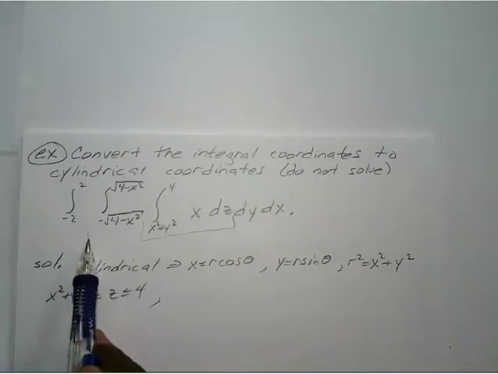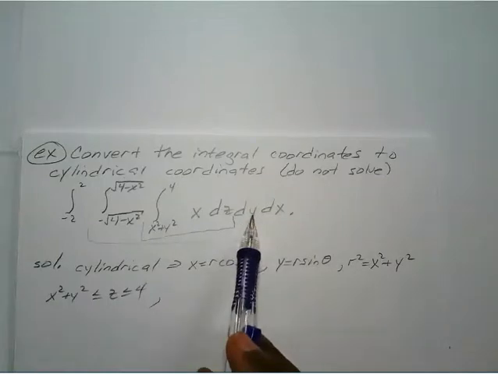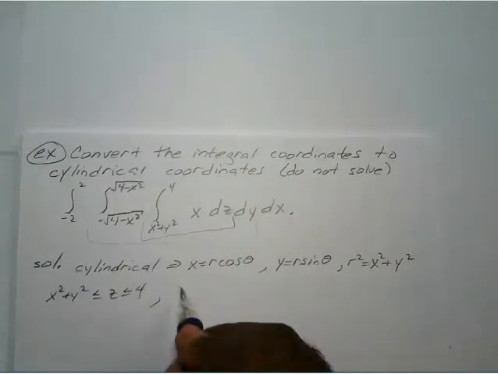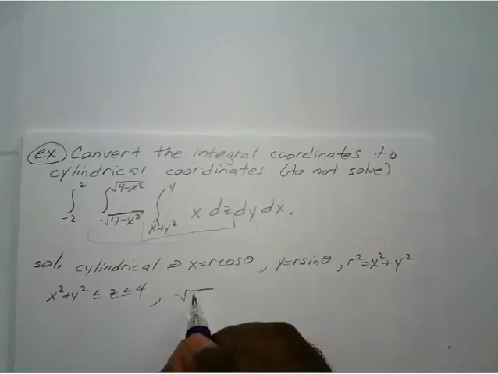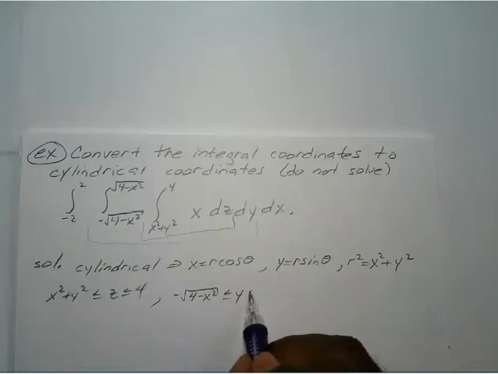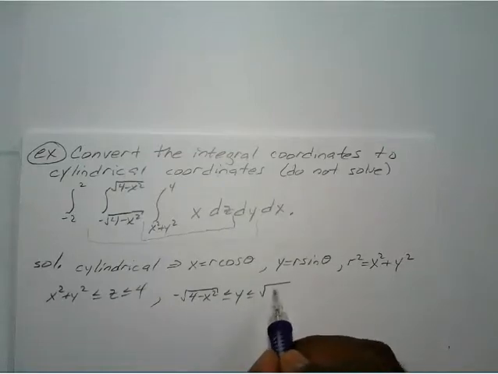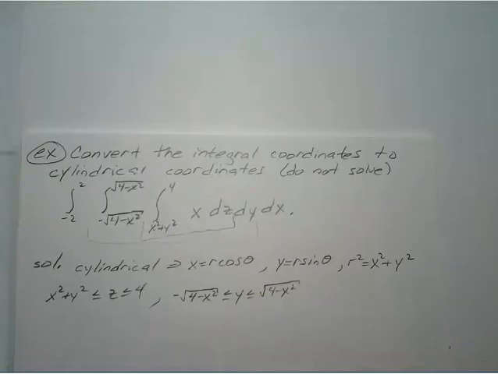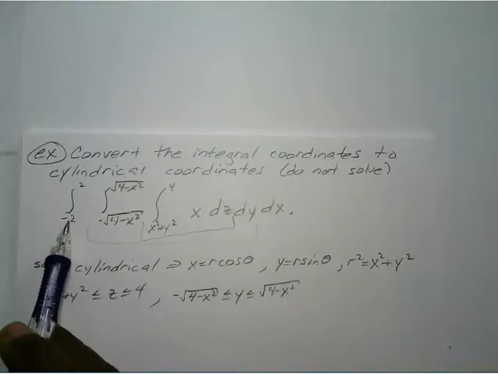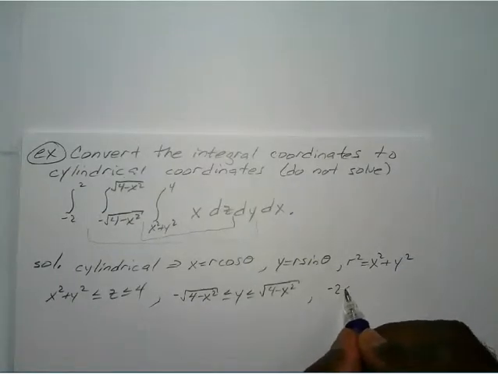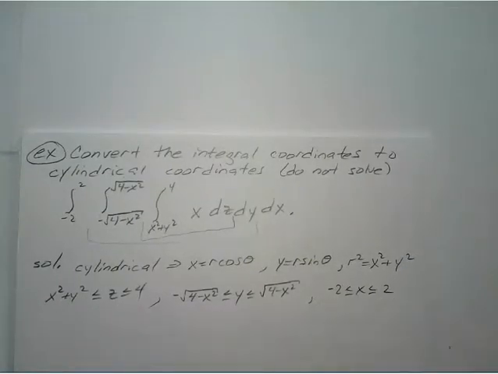Going out a little more, y is between negative square root of 4 minus x squared and positive square root of 4 minus x squared. So negative square root of 4 minus x squared is less than or equal to y, which is less than or equal to square root of 4 minus x squared. And on the outside, x is just between negative 2 and 2. Okay, so those are the boundaries that we have now.